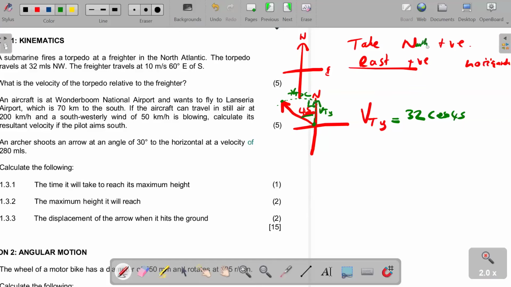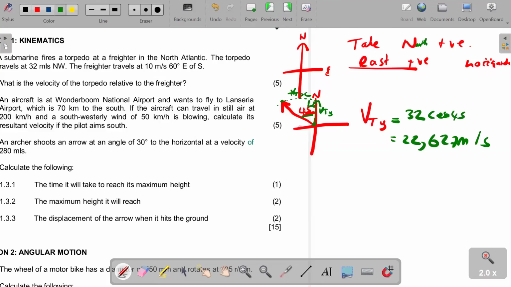Remember, I took north as positive. So for that reason, even my VTY here, the vertical component of the velocity of the torpedo, is already positive. That's what it means, right? So 32 cos 45 is what I'm now calculating. That's 0.627 meters per second.